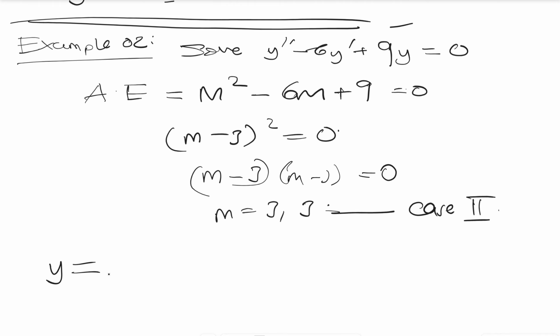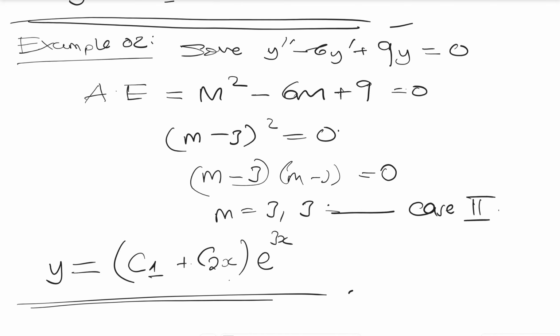It will be (c1 plus c2x) e power 3x, and this will be done. Now we go for example 3.